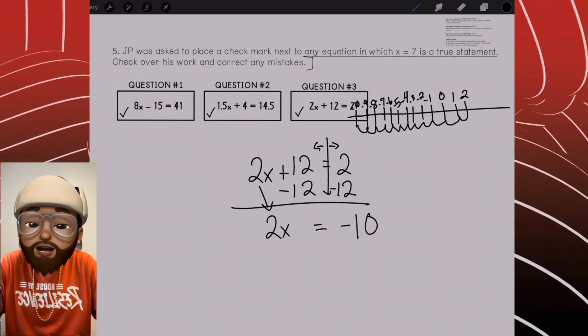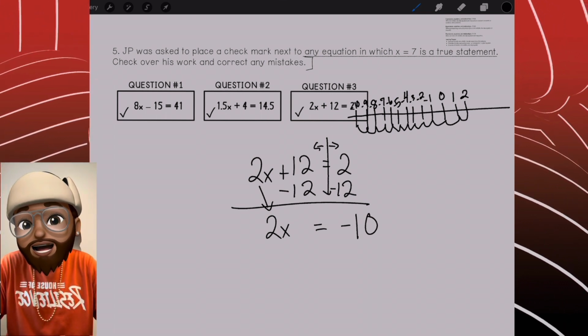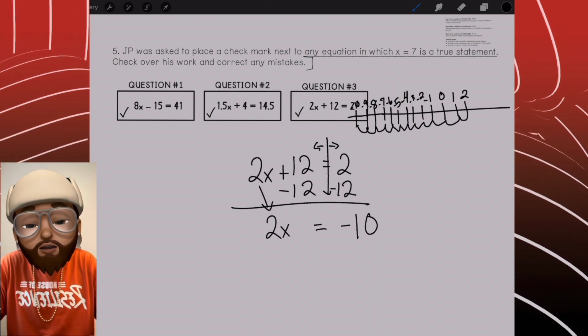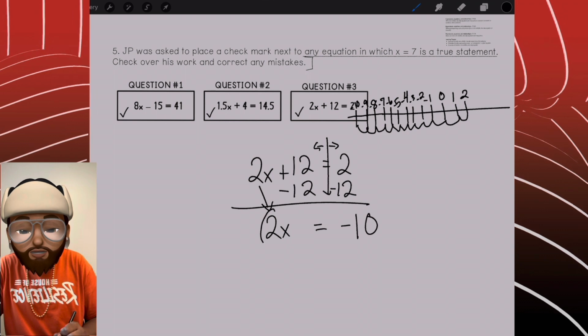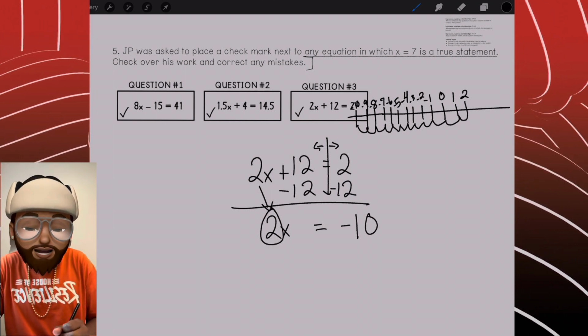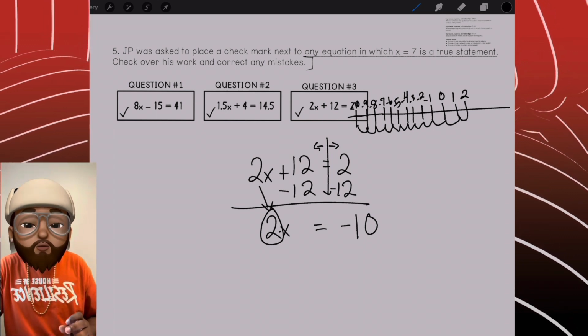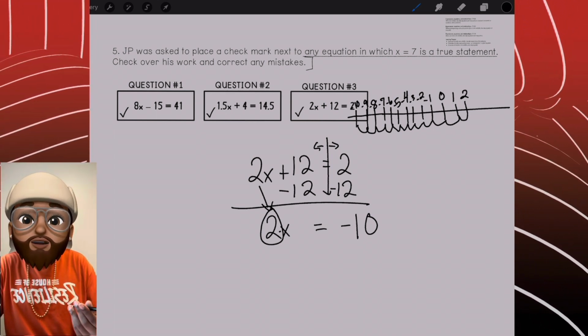Okay, so now that we're at this point, we need to find out what 1x is. So we need to do the inverse operation of what's happening with the coefficient. The coefficient here is the 2 that is in front of the x, and it is multiplying times the x. So what we need to do is the inverse of that operation, which would be division.